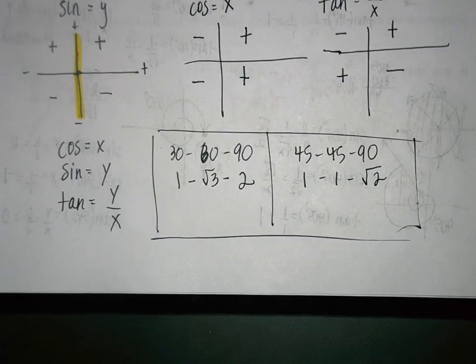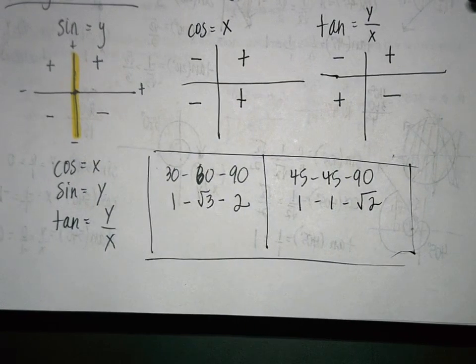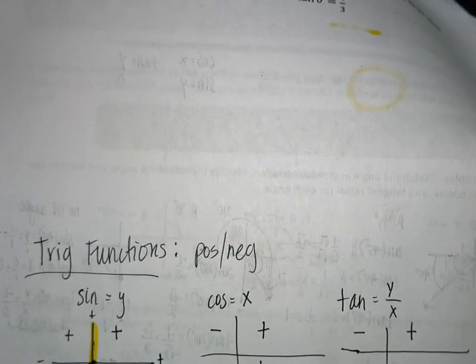Okay, I'll wait for a minute here. If you look at example J, it's asking which quadrants it could lie in so that those equations are true. So I'm going to move this down here for a minute. For cosine, you see how it's saying cosine is negative?